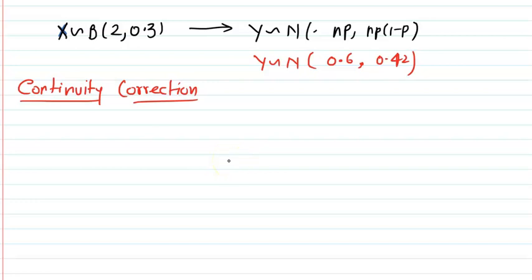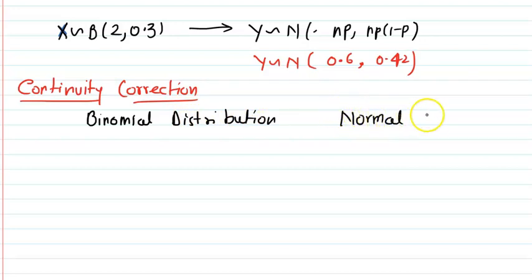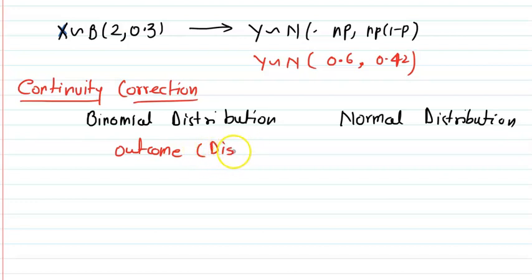So we write binomial distribution on one side and normal distribution on the other. In binomial distribution, the outcome is discrete. In normal distribution, the outcome is continuous.